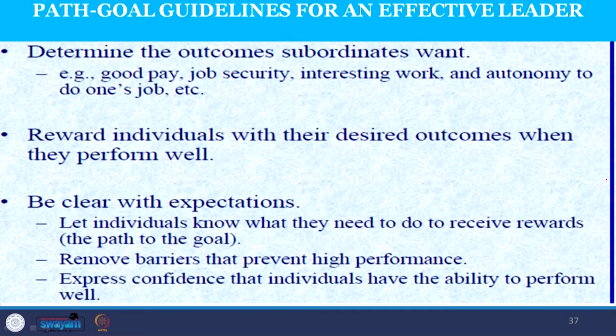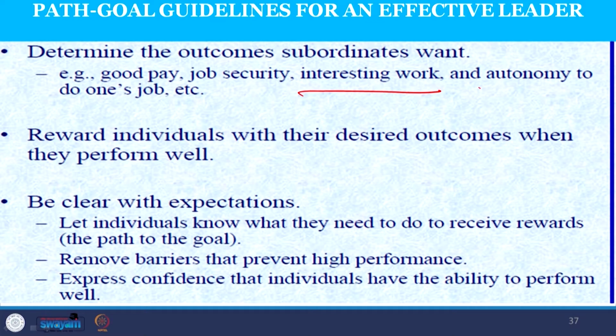Who is an effective leader depends on the outcome subordinates want. That is, subordinate satisfaction is determined on the basis of the compensation they receive, the security in the job they are given, interesting work or the meaningfulness of the work, and autonomy to do one's job.